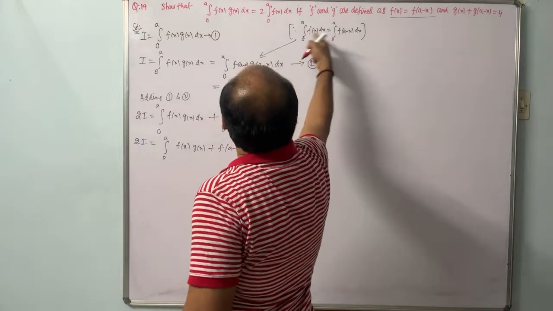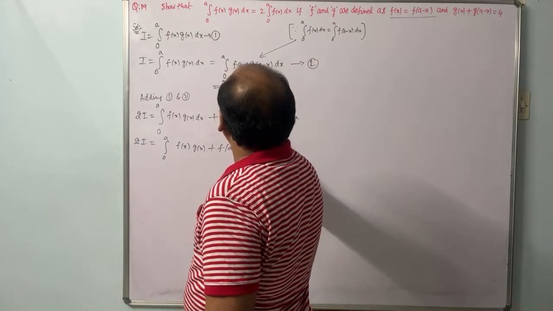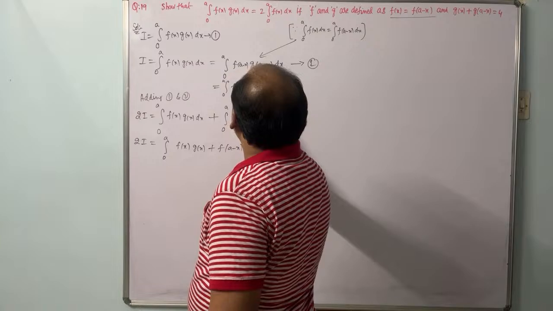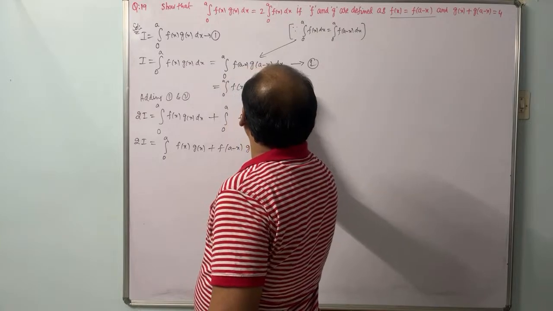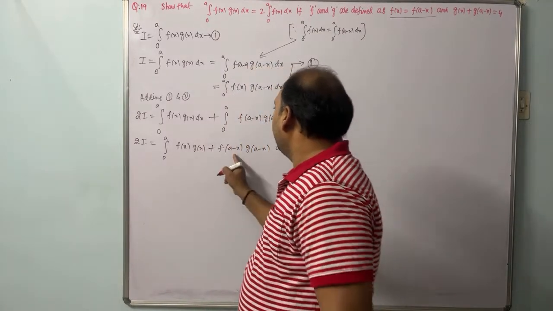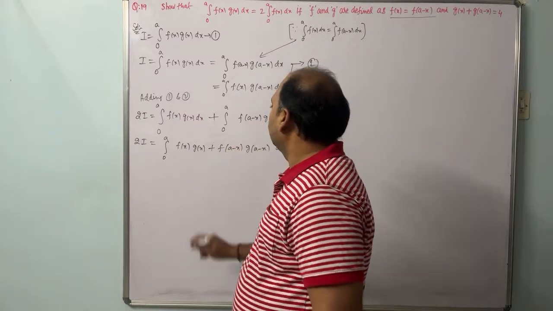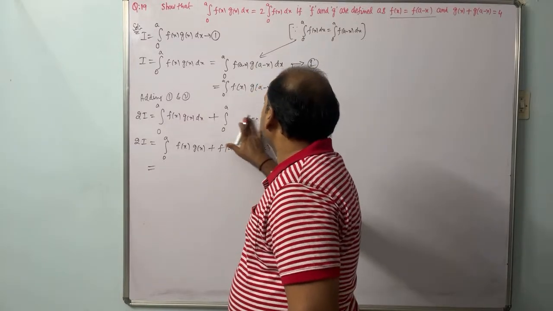So wherever f of x is there in this, we can replace with integral 0 to a f of x g of a minus x into dx. We can write it even here also, actually we can write it directly.